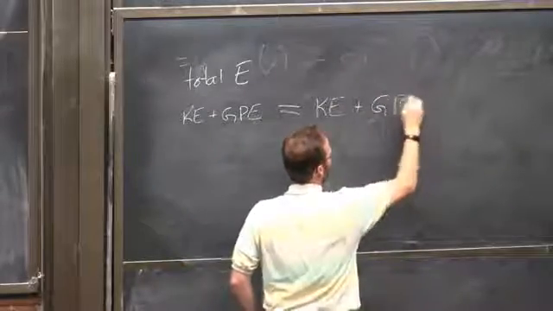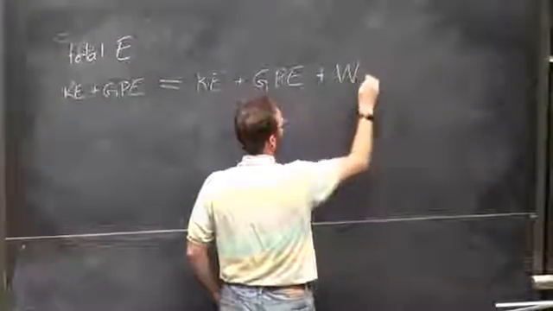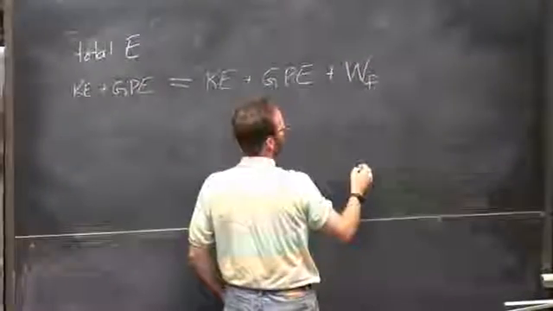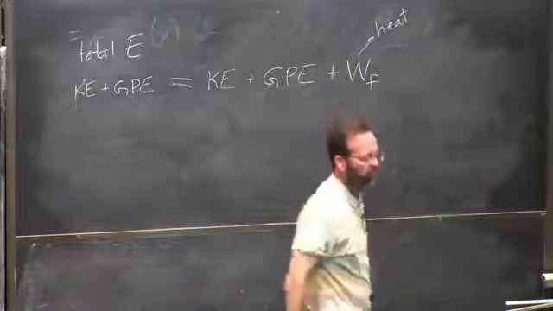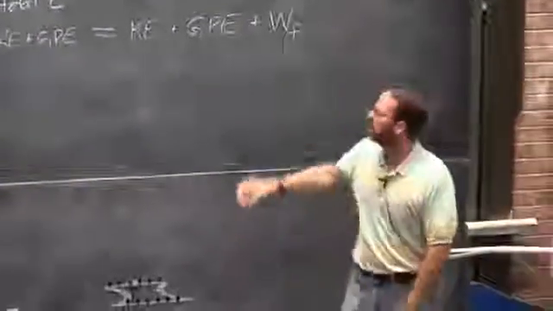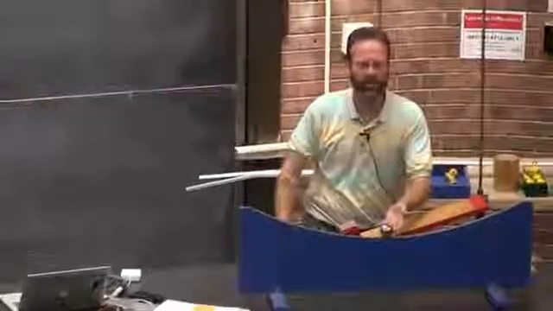It still has some height, and what else? The work done by friction. Probably turns it into the form of energy of heat. So you could actually figure out how much work was done by friction, converted to heat.